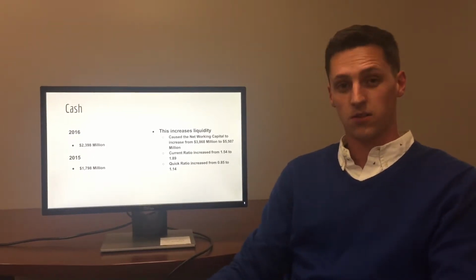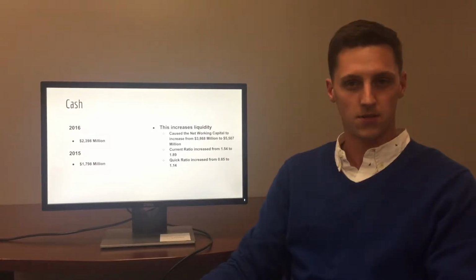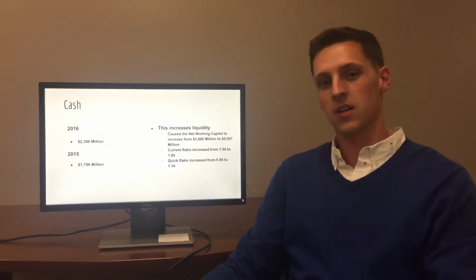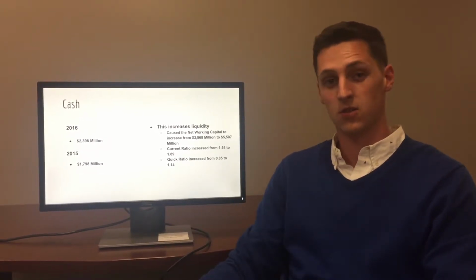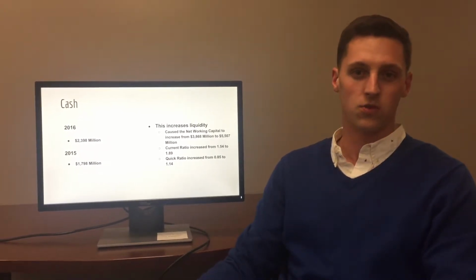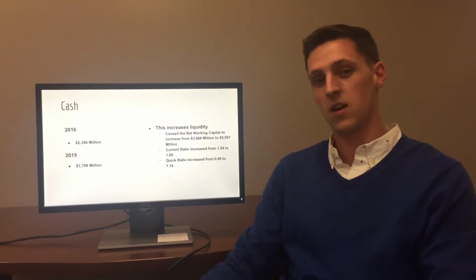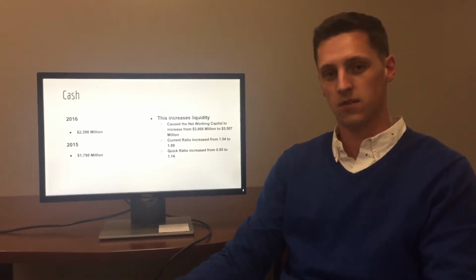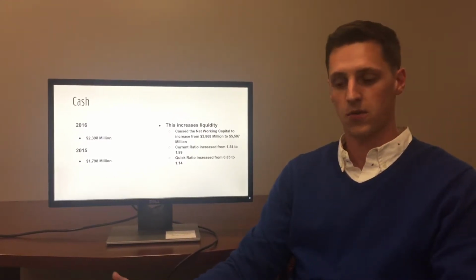Actually, we can see that 3M's cash increased from 2015 to 2016. Their cash was 1,798 million in 2015 and increased to 2,398 million in 2016. What this is going to do is increase the firm's liquidity, so they'll see all of those liquidity ratios going up.